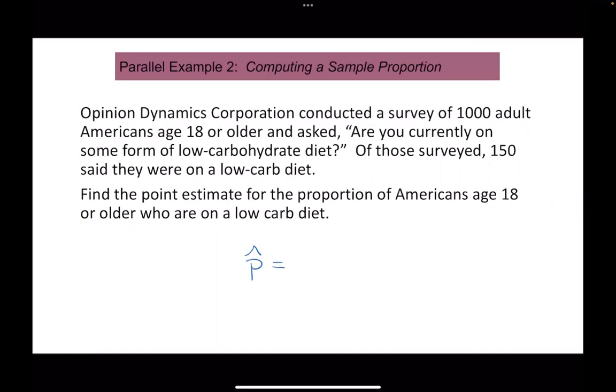So we have 150 over 1,000. I know I can do this in my head, but lately I don't trust my in my head math. I guess it would have been really easy. I just cross out the 0 and then I have 15 hundredths.